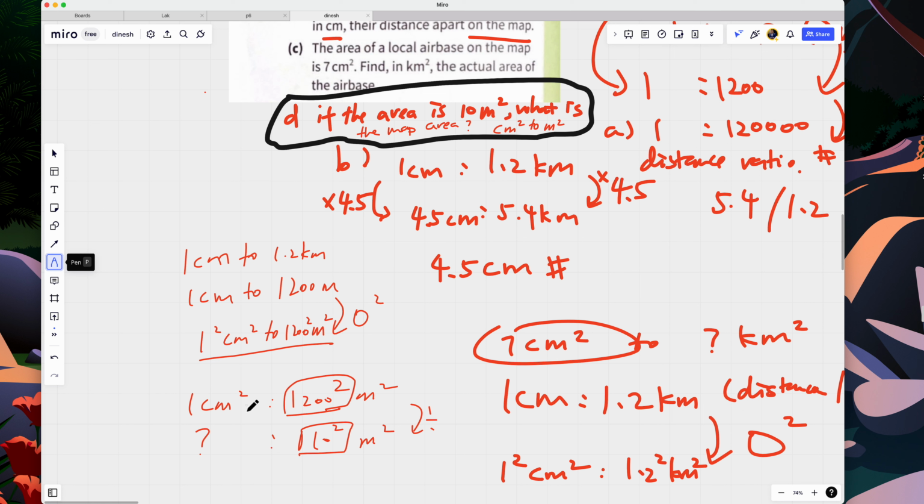So what is the conversion factor? 1440. So this side also, double 4 double 0. Therefore this side you also need to divide by 1440.